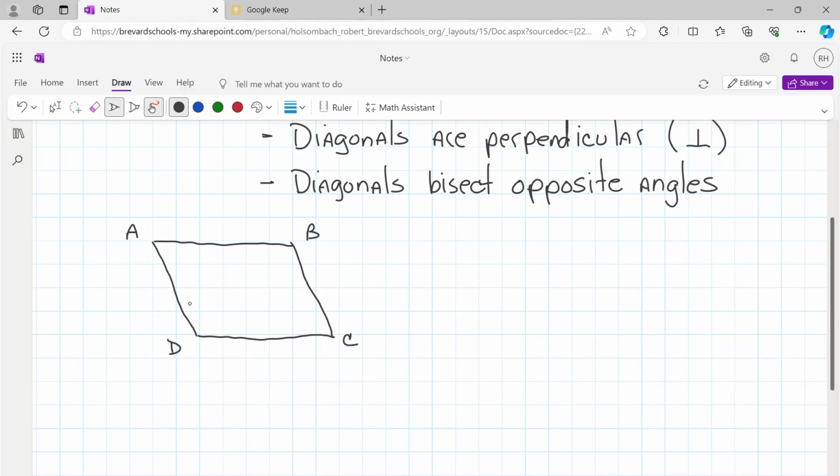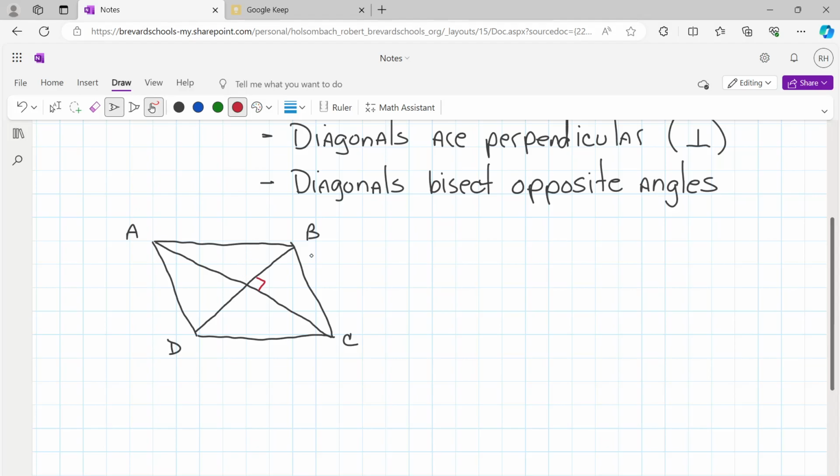And if we add in these diagonals, we go from B to D with the diagonal, and A to C with the diagonal. All right, first rule said that the diagonals are perpendicular. So we've got a 90-degree angle in here. And we don't have one 90-degree angle, we have four 90-degree angles. Because vertical angles are always congruent. These adjacent angles here are a linear pair, so they sum 180. And if one of them is 90, then the other one has to be 90.